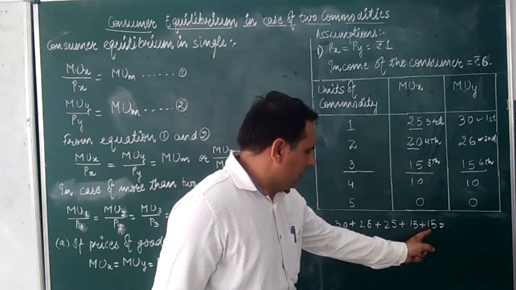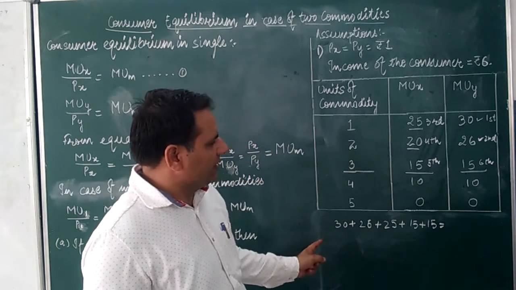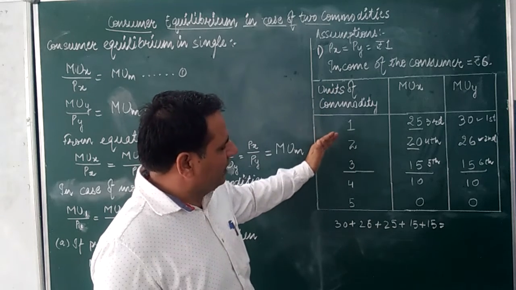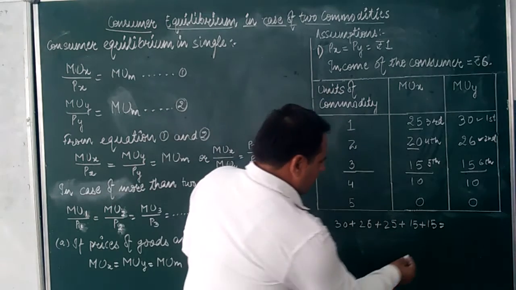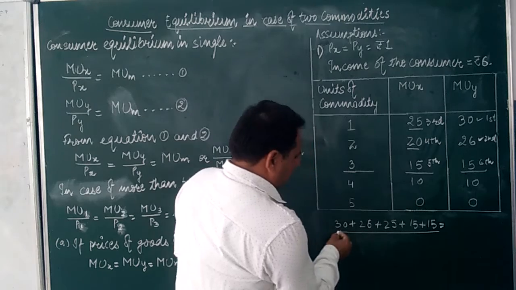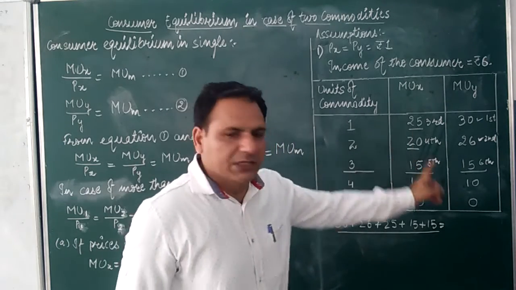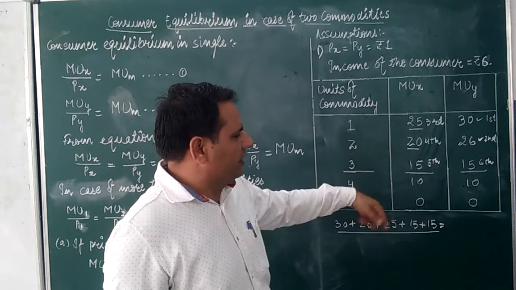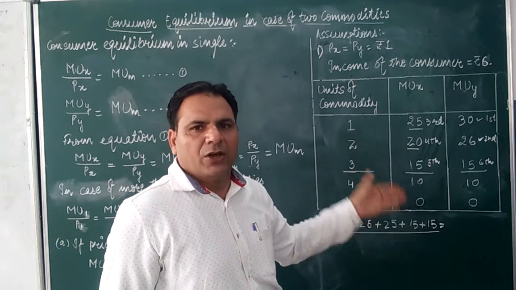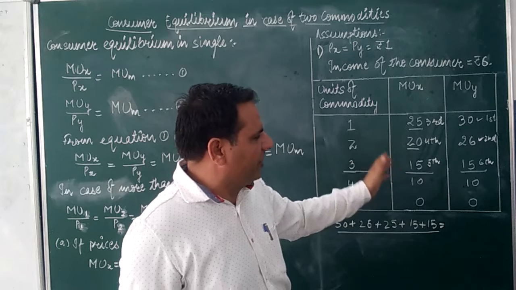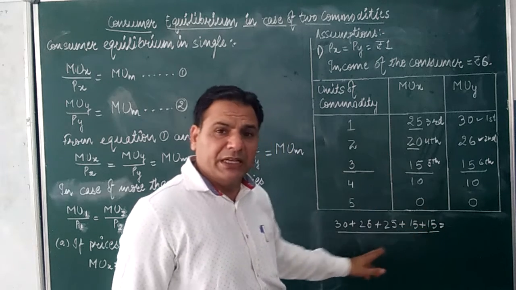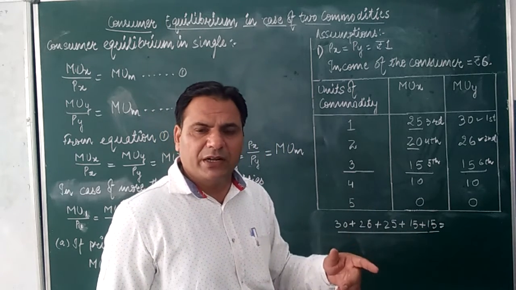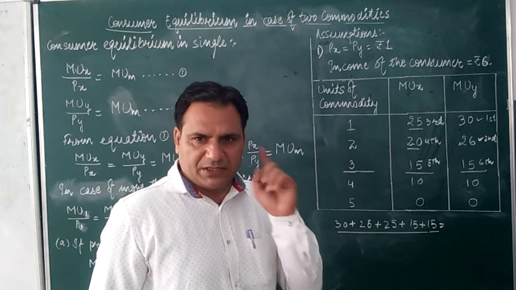So if we add up these numbers, we will get that consumer will be getting maximum satisfaction by choosing these options. Other than these options, you can try various ways. You will find that each and every other combination other than these will provide consumer lesser satisfaction.